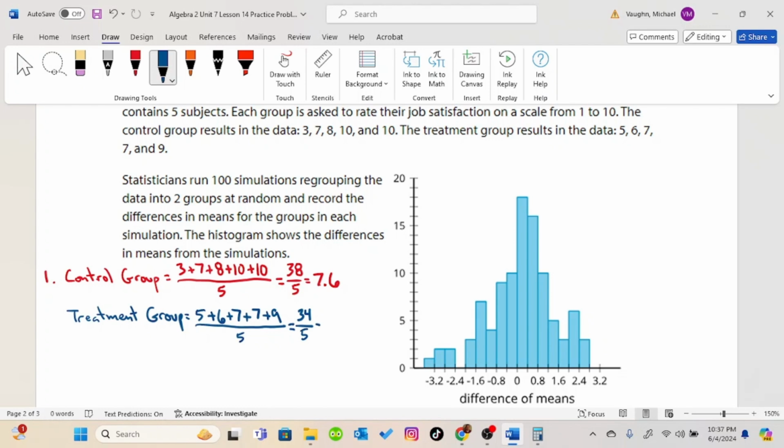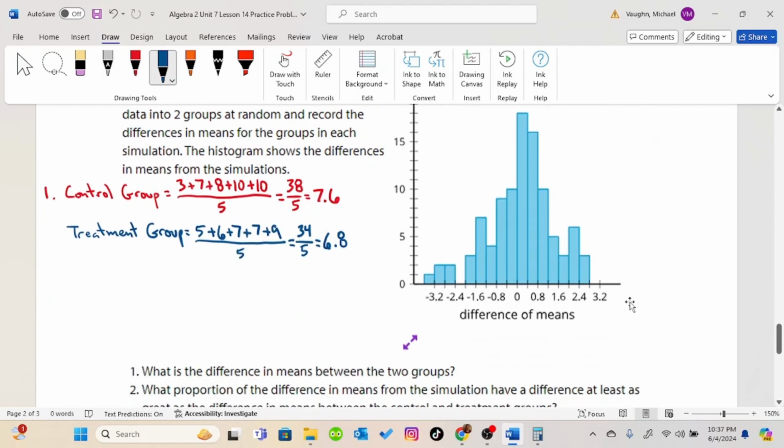And 34 divided by 5 is 6.8. So the difference in means between the groups is plus or minus 0.8.